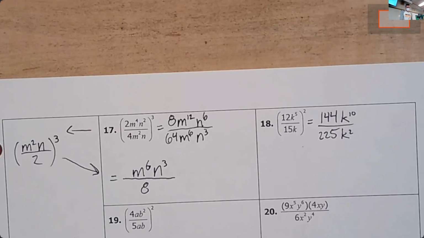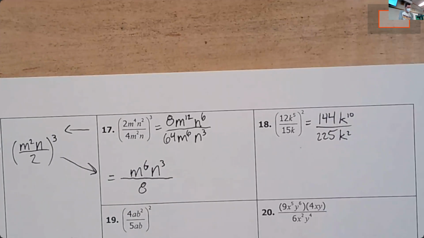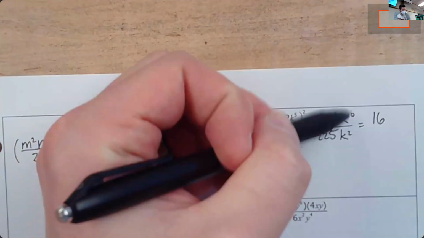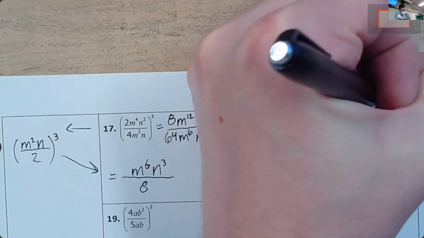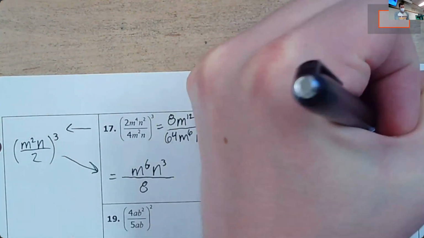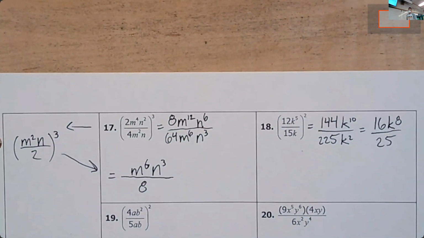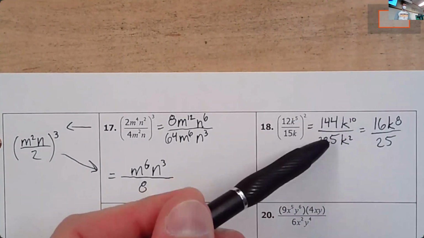So 16/25 is the fraction that we have there. So we're gonna have 16 on the numerator, and then subtract the exponents with the k's. So 10 minus 2 be k to the 8th over 25. So 16k to the 8th over 25. So that means that each of these numbers is divisible by 9.